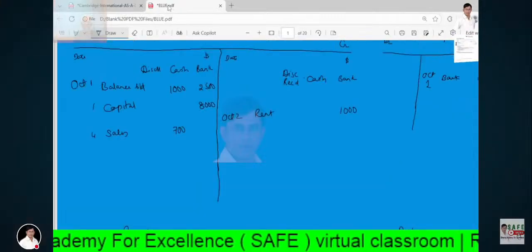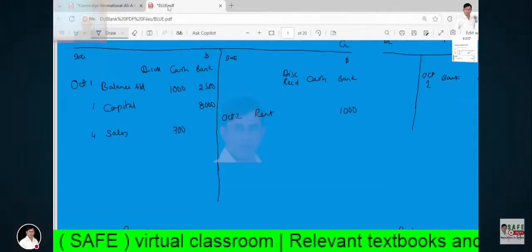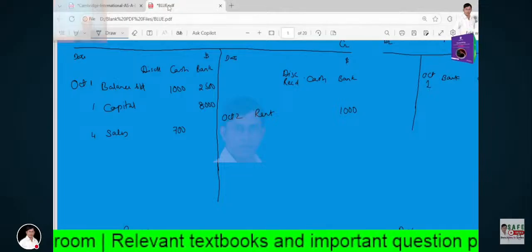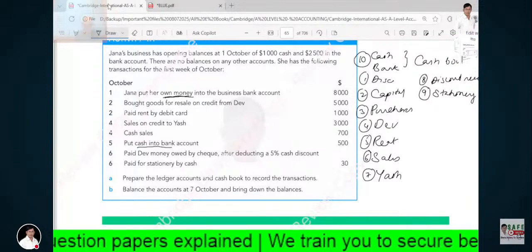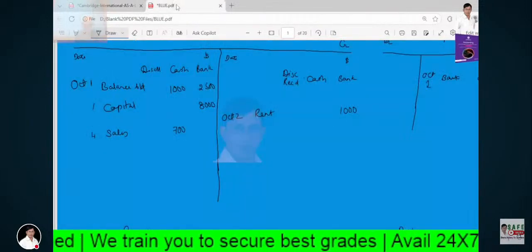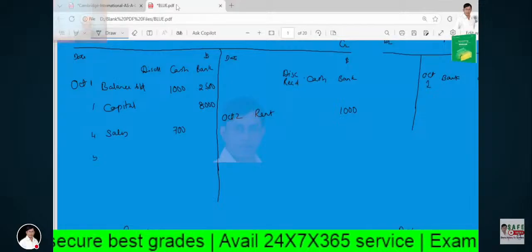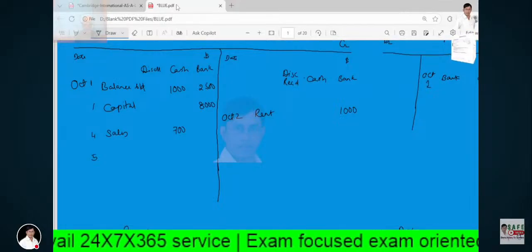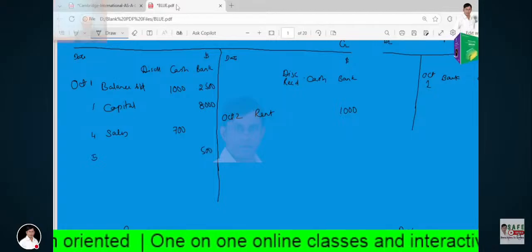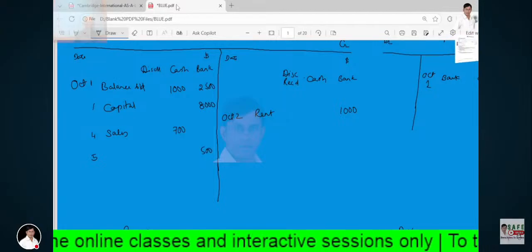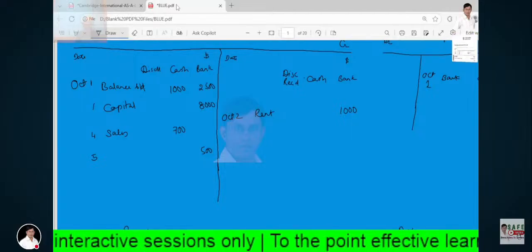Paid cash into bank means money is coming in bank but going out from cash.